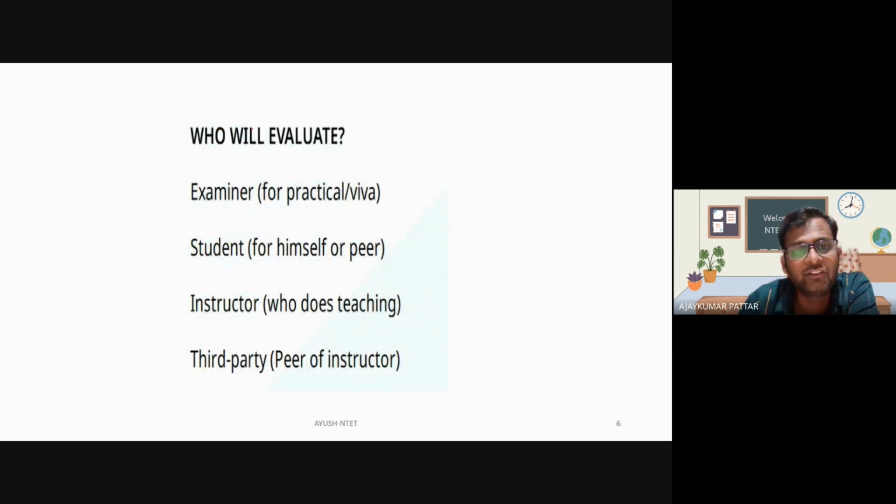Then who will evaluate? The examiner for practical and viva can evaluate. Sometimes the student himself, or his peer or colleague, can evaluate. For example, if someone is writing a research paper, he himself can review, or he can use his peers' help, or check whether his demonstration or any skill is good or bad.